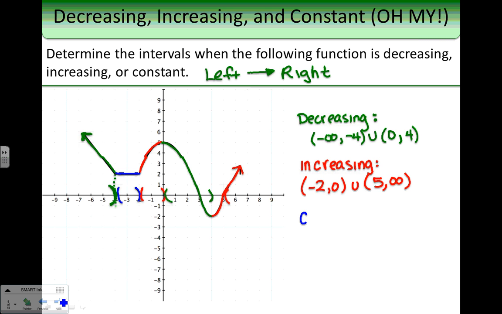Lastly, my constant, where the graph is constant and doesn't change, only goes from -4 to -2. Those represent the intervals at which they are decreasing, increasing, or constant. So the big thing to remember always is that we're reading the graph from left to right. And then you tell me which x values, which interval of x values is it decreasing, increasing, or constant.